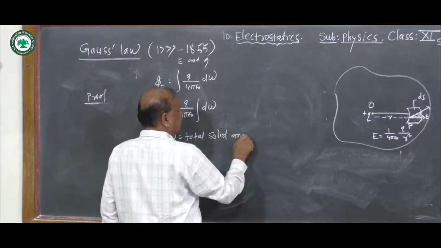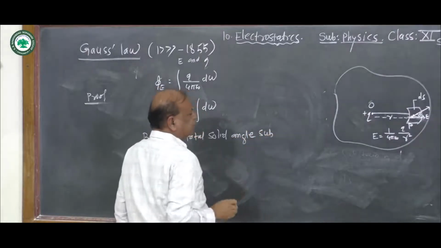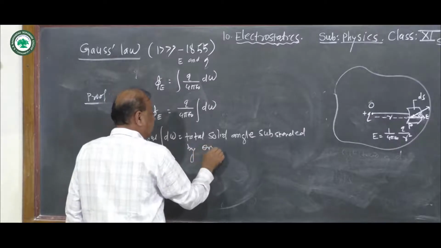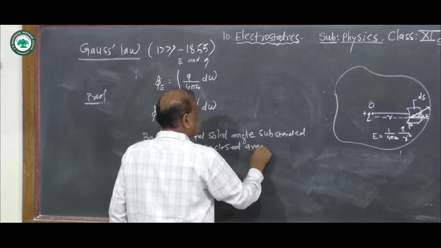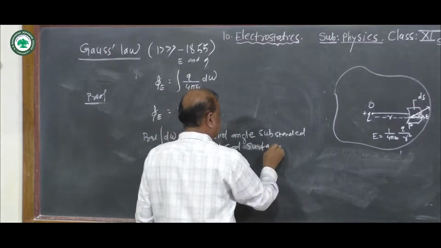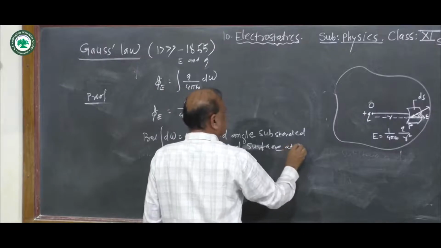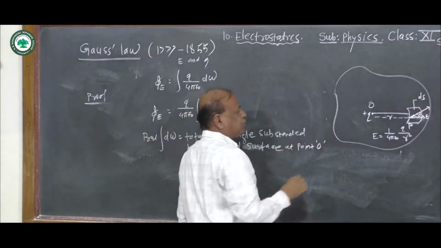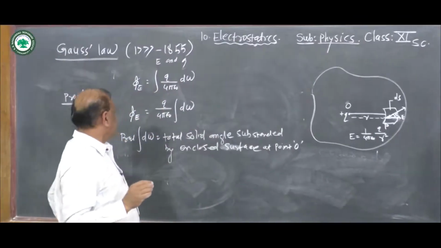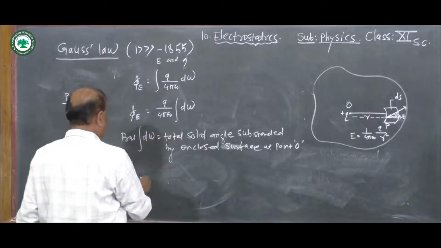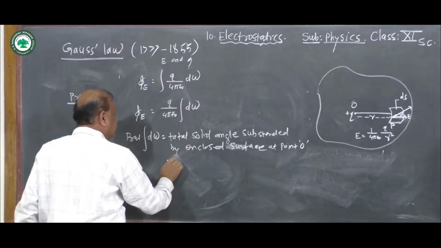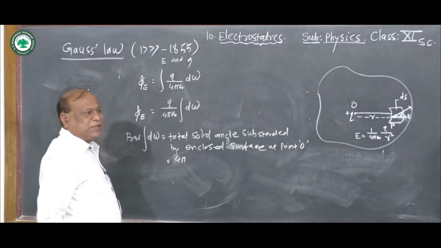Okay, but this integration of d omega is the total solid angle subtended by that enclosed surface at point O. Here, the total solid angle subtended by that enclosed surface at point O is this one, and its value is equal to 4 pi for a complete sphere.